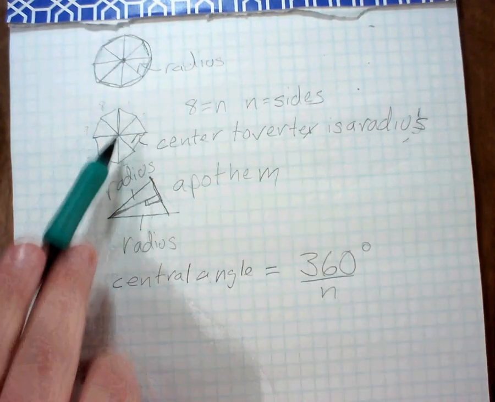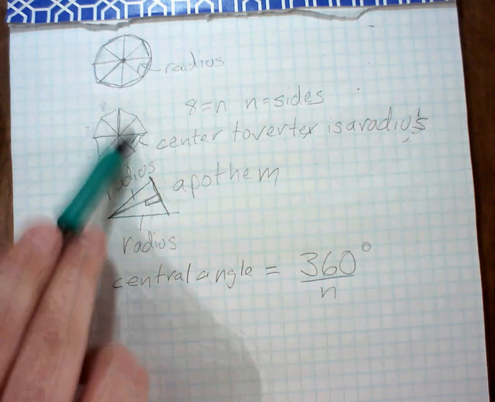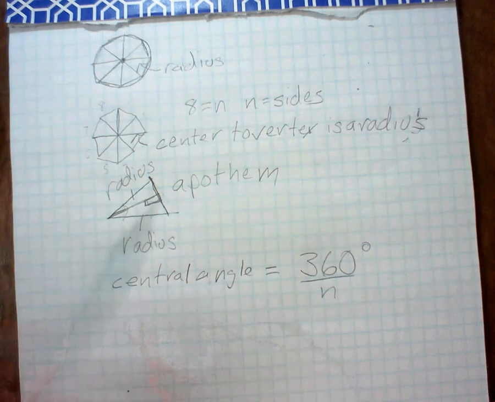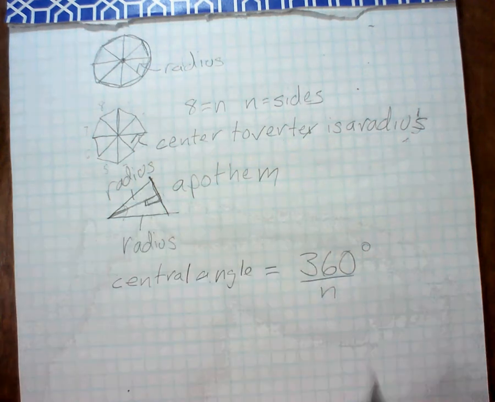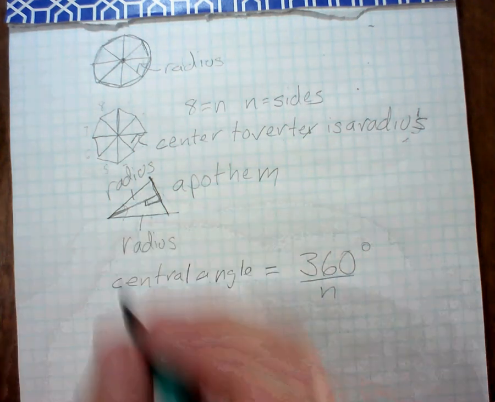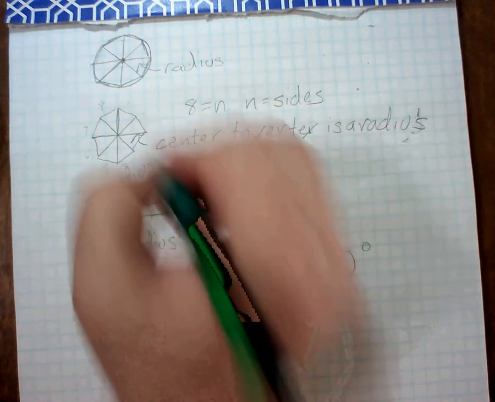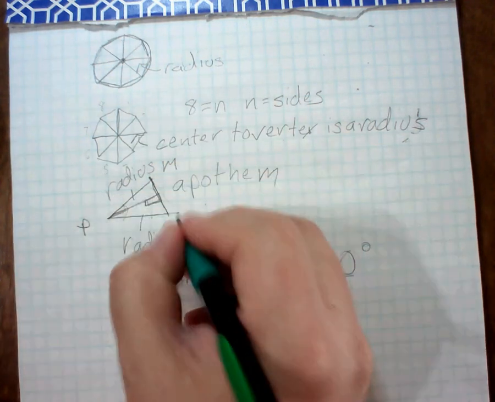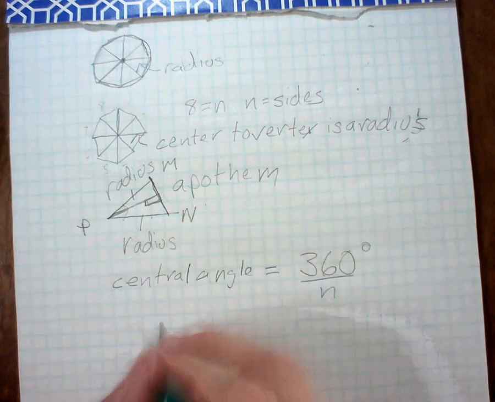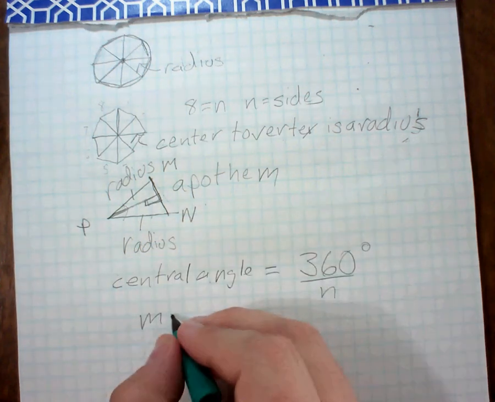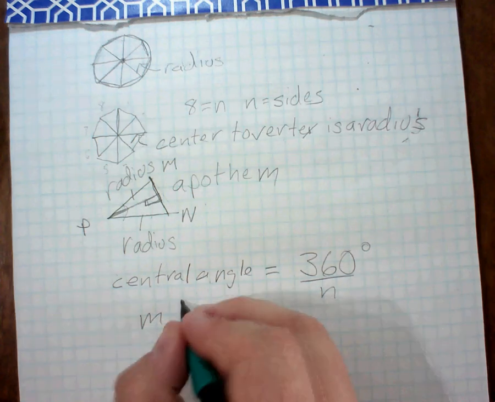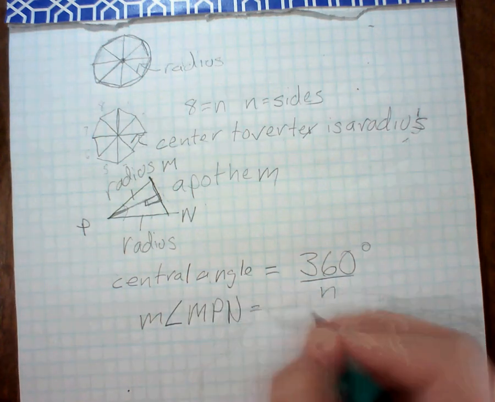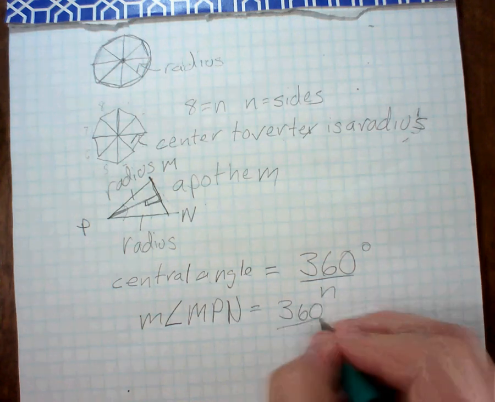If I take, there's 8 triangles in this octagon, and so that means I'll have 8 central angles. So if I wanted to find the measure of the central angle, and we'll just give this a label, we'll call this M, P, and N. If I wanted to find the measure of angle MPN, that would be equal to 360 divided by 8.